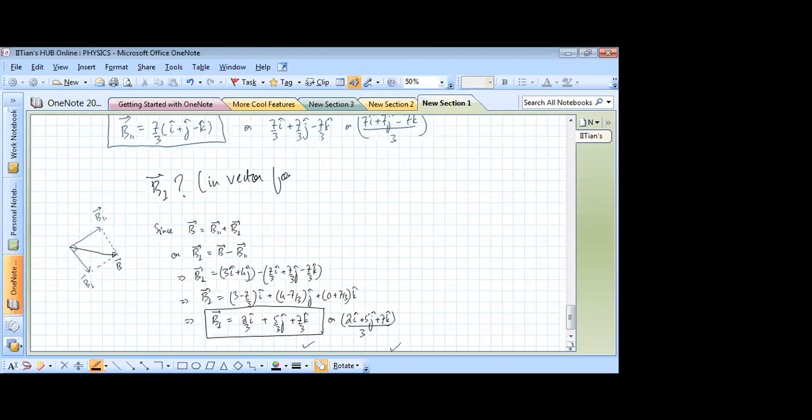We make use of the parallel component, which we found first, and use it. So this is what I wanted to do to begin with today: a quick revision of the concept of projections before we get into other things.